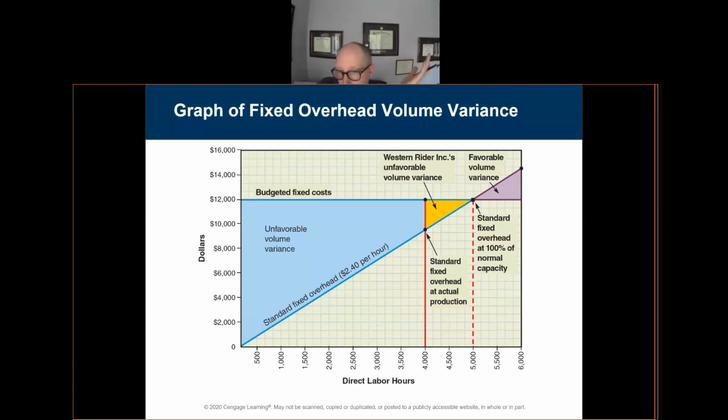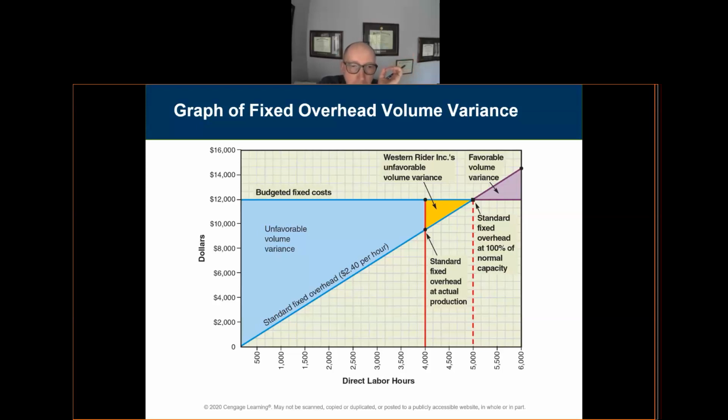Once it goes over, it gives you an idea of, and this is based off of capacity, right? In other words, when you look at this graph, it means if it's unfavorable, we're underutilizing our overhead, underutilizing our machinery, because we're talking about fixed variance. The fixed variance is the only one that's really opposite, right?